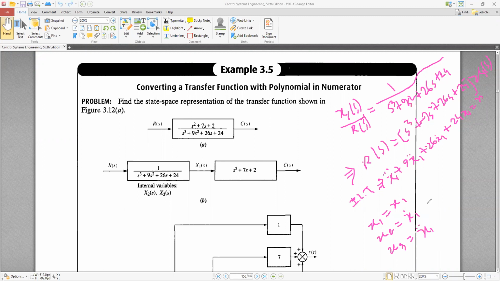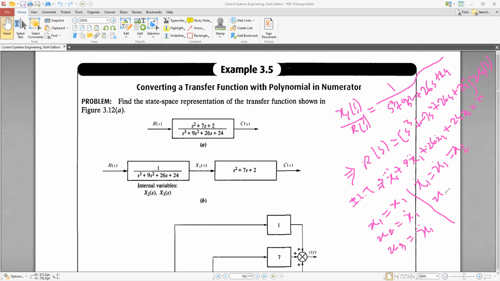Now, if you differentiate it, then x1 dot is equal to x2.